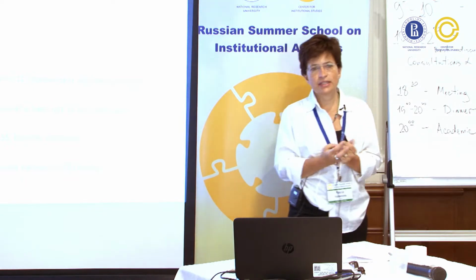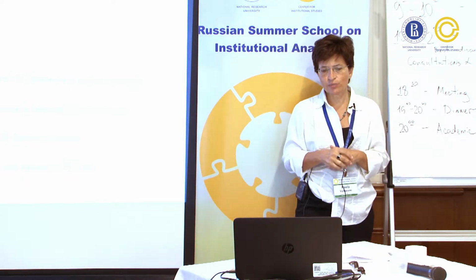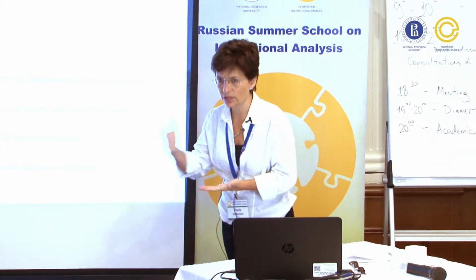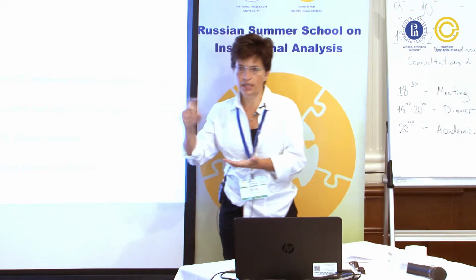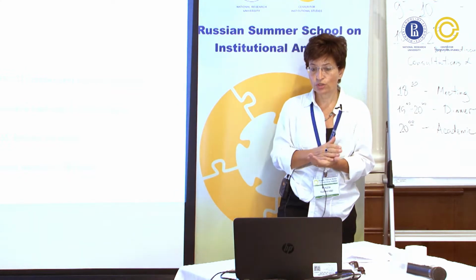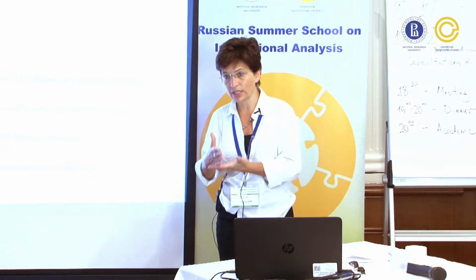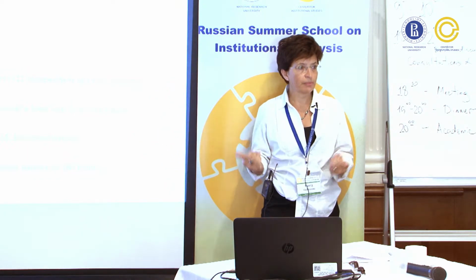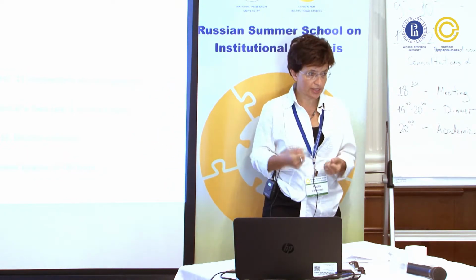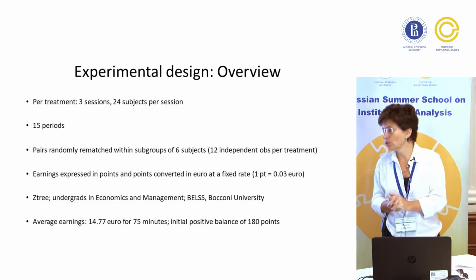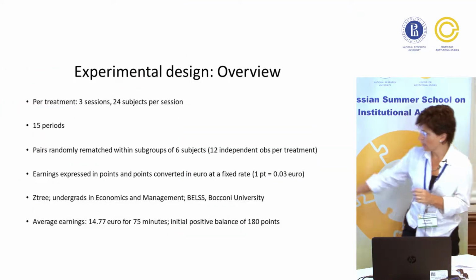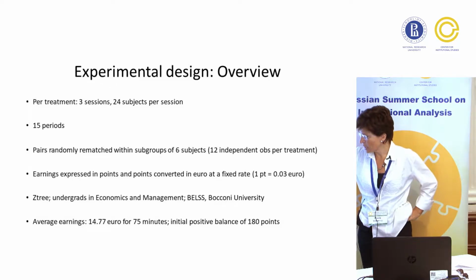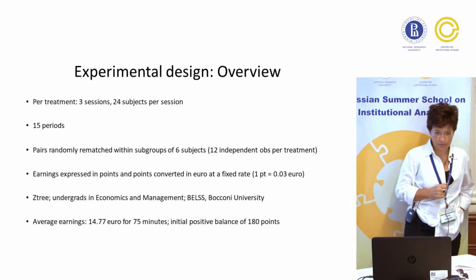Then the earnings of these subjects are expressed in points, and every point at the end of the experiment is converted into euros at a fixed rate, so they gain money. So subjects at the end of the experiment go out with some money in their pocket. We use z-Tree, and we ran this experiment last year in May in the Bocconi lab.